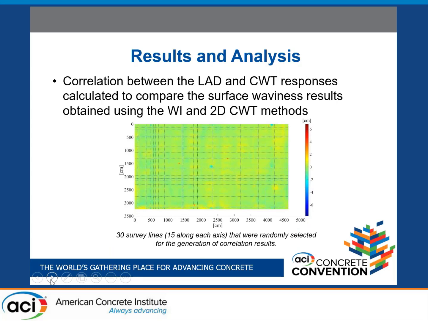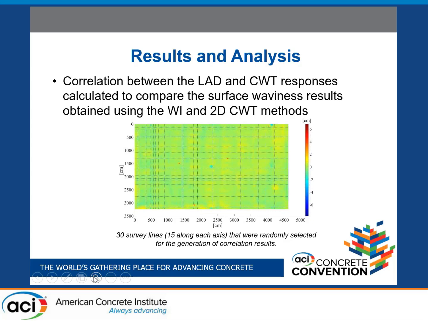I'm going to, in the interest of time, skip some of these, but we also applied the continuous wavelet transform. We applied the Waviness Index method to our point cloud data, and we compared the results to the length adjusted RMS deviation.